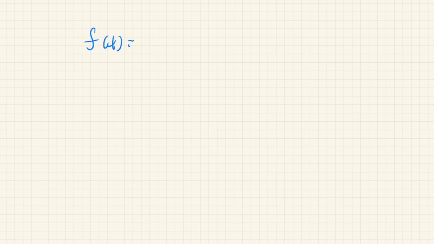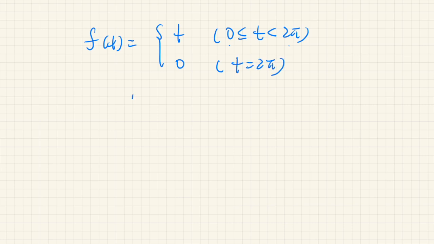f of t equals t when t is between 0 and 2 pi, including 0, not including 2 pi, or equal to 0 when t is equal to 2 pi. So this function looks like this. It's 0 here, and it increases, and at 2 pi it becomes like this.